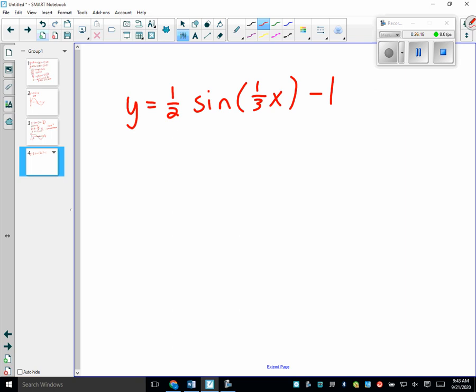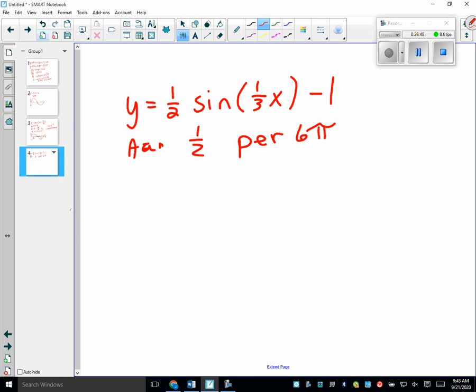All right? The amplitude is what? 1/2. What's the period? 6 pi. No phase shift. What's the vertical shift? One, which way? Down.